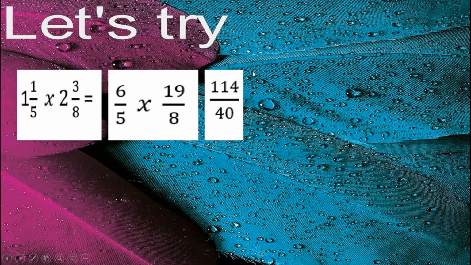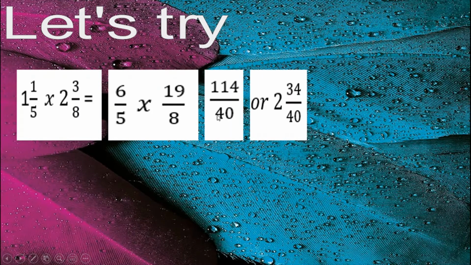Notice our answer is still an improper fraction, so we're going to change or reduce this one. I change this improper fraction into a mixed number, 2 and 34 over 40.